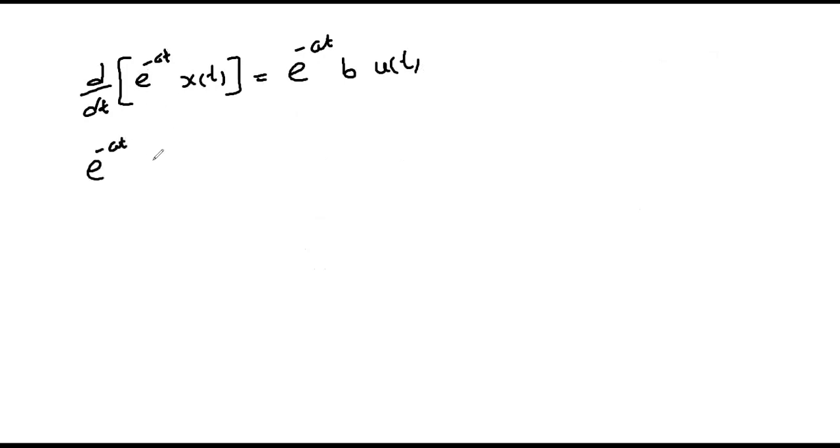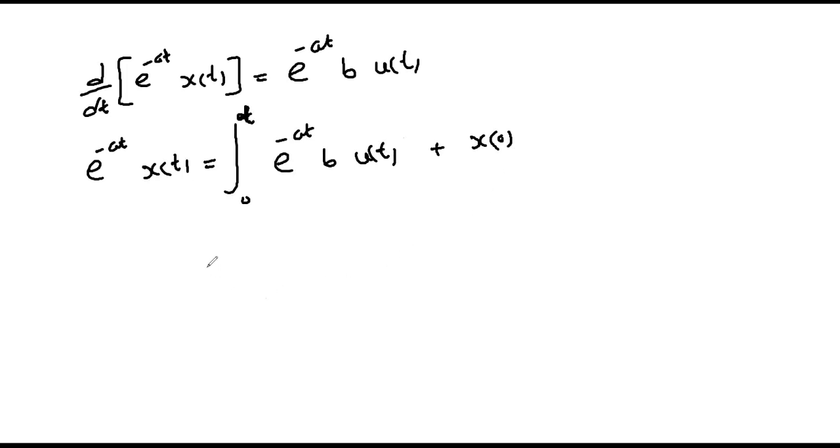The first derivative with respect to t of exponential negative at x of t is equal to exponential negative at b u of t. If we integrate both sides, we'll have exponential negative at x of t is the integral from 0 to t of exponential negative at b u of t plus a constant, and that constant is our x of 0.